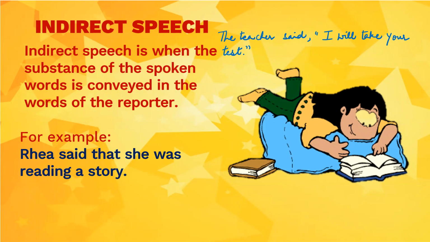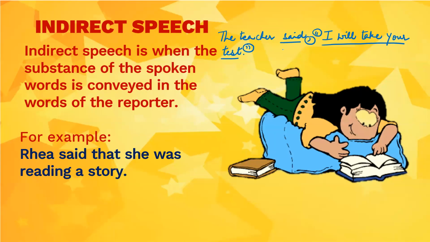How do we know it? Because we are using the exact words of the speaker. We are putting the words in inverted commas. Also, we are using the reporting verb followed by a comma. Therefore, it is a direct speech.